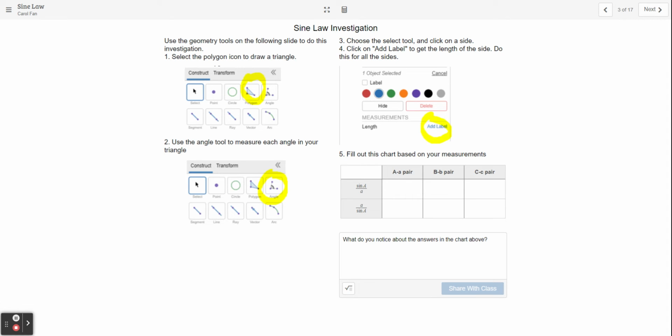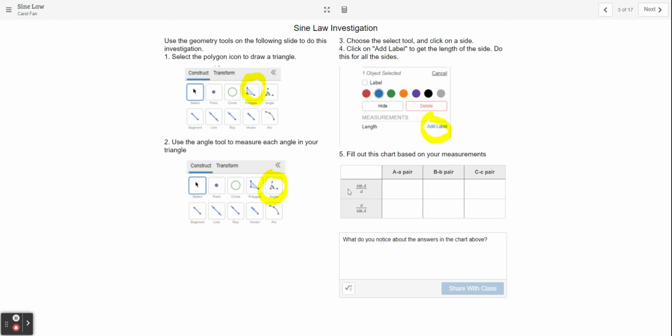So what you first need to do is to draw a polygon, which is a triangle, using this polygon icon. You're going to measure the angles, and then you're going to label all the sides. Then we're going to find the ratio of each of the ABC pair.